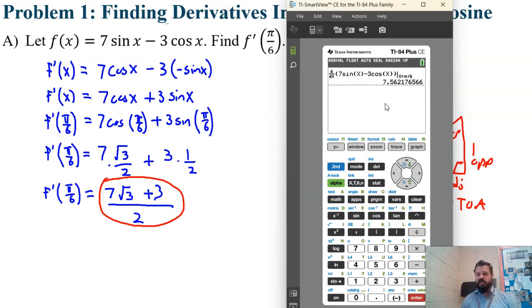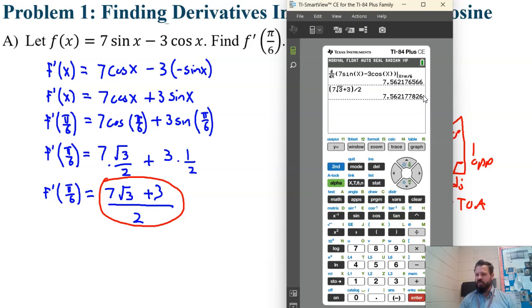Now, maybe we're doing this on the calculator portion, and this is what the ABCD answers look like. How can I check and see if I'm doing this right? Well, if I plug this into my calculator, 7 square root 3 plus 3, all in parentheses for my numerator, divided by 2, that gives me something that's pretty close to this approximation.